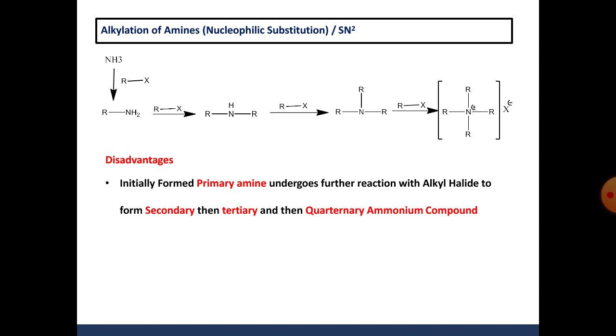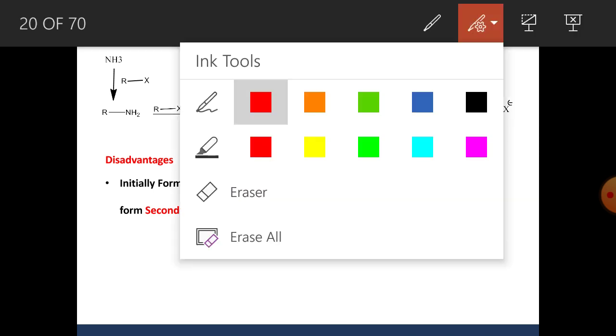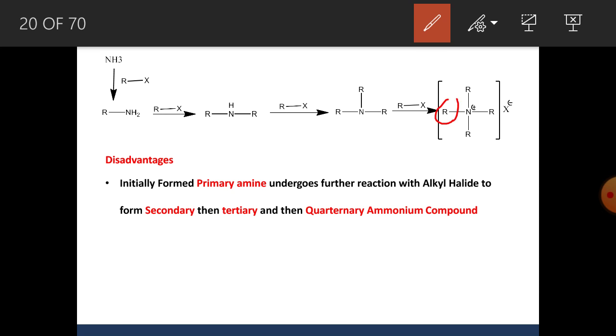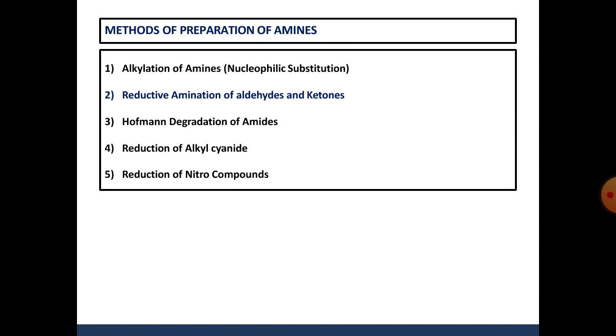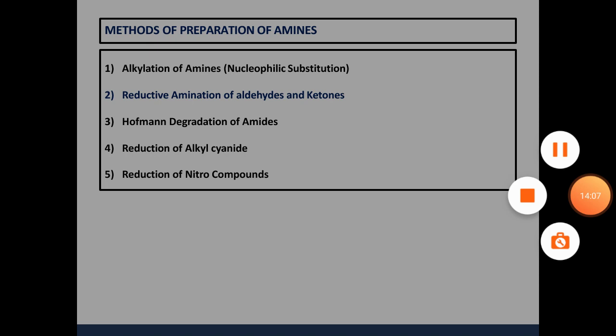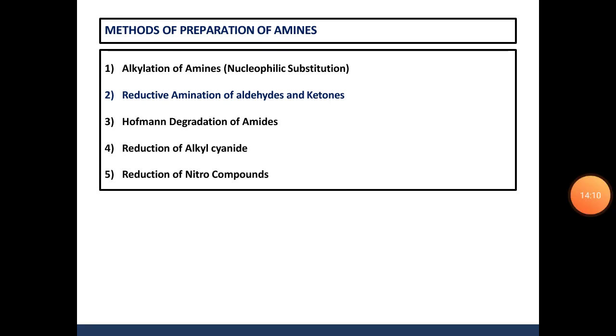Sometimes a quaternary ammonium compound may be formed by replacement of all hydrogens. This lone pair also lastly reacts and accepts one alkyl from RX, and quaternary ammonium also forms. Next method is reductive amination of aldehyde and ketone.